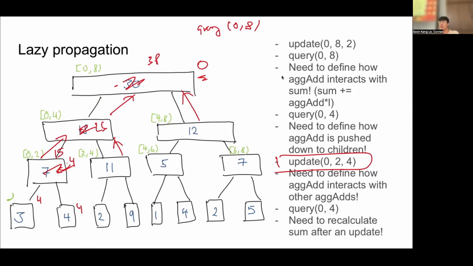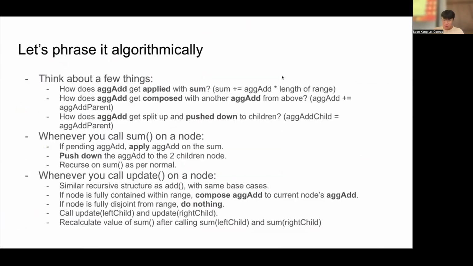Yeah. So which is the part that's a bit confusing. Now that we've considered all of these considerations that we have to make, we can actually start thinking of how to write the update function for this. So firstly, we need to think about how does aggregate add get applied to the sum. We also need to think about how aggregate add gets composed with another aggregate add.